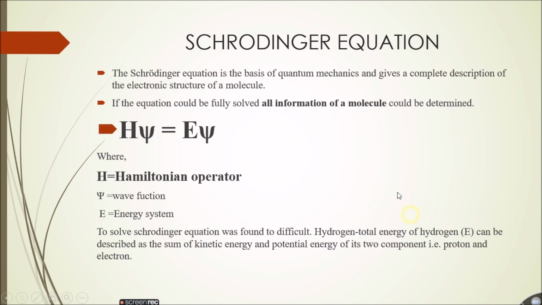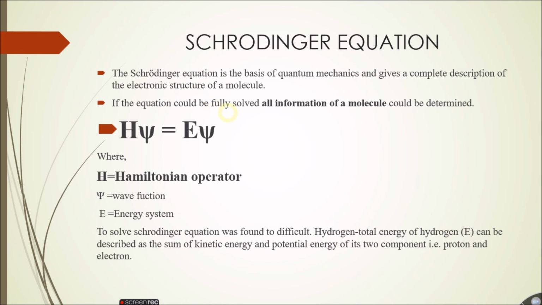So what is this Schrödinger equation? It is the basis of quantum mechanics, and it gives a complete description of the electronic structure of a molecule. We are considering the electronic structure of a molecule.